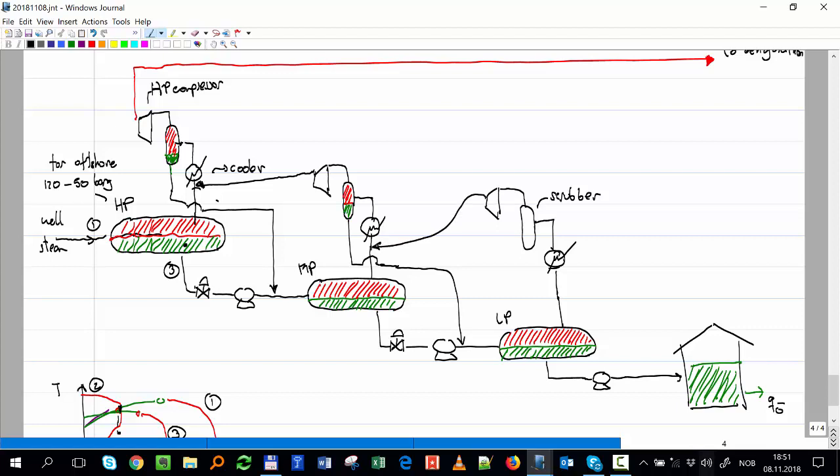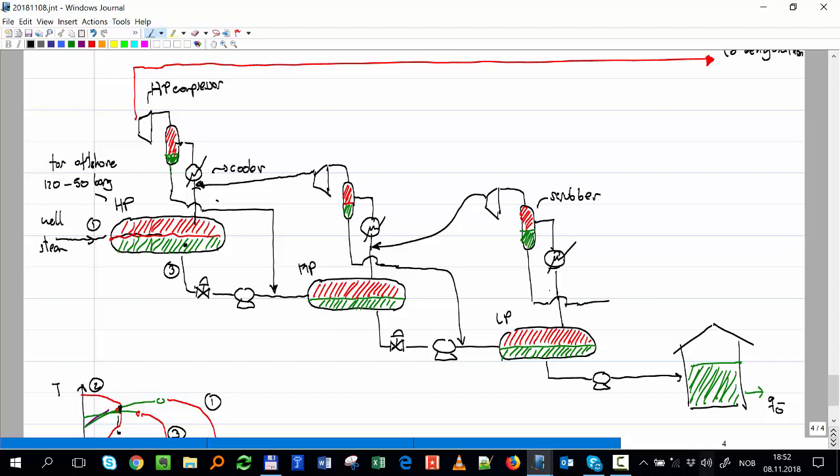Oh, something that we didn't talk about. Why do I call it scrubber? Here all the separators are horizontal and this one is vertical. Why is that?